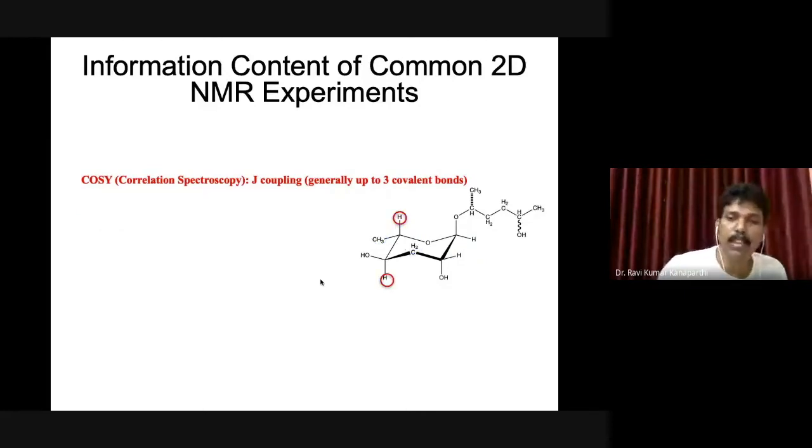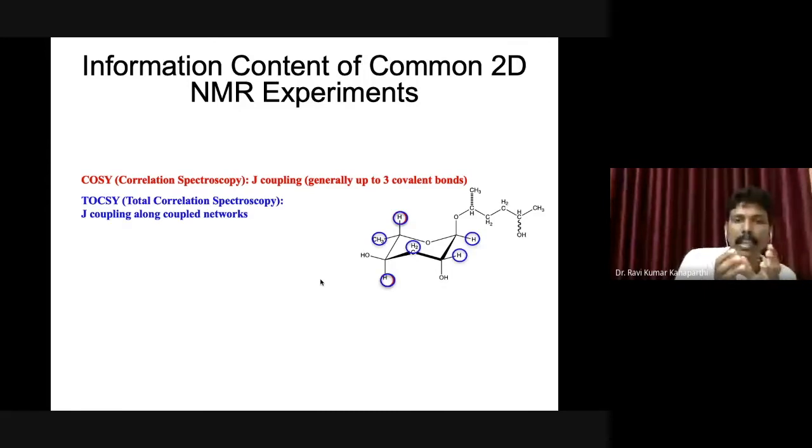The previous one is confined to a unit of two. Now, in the total correlation, in a given entity, if you are considering all the same nuclei, it is the total correlation spectroscopy. In the ring, you have different protons: methyl protons, methylene protons, axial, equatorial, different locations.